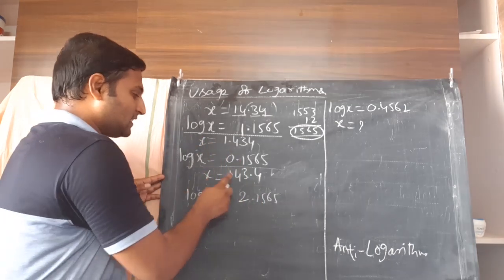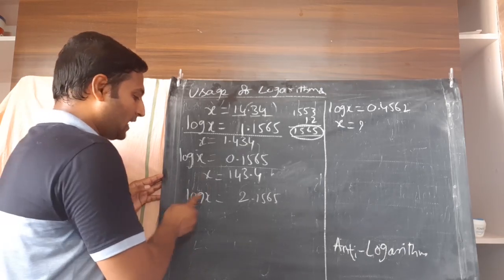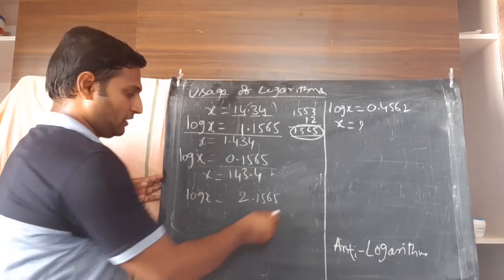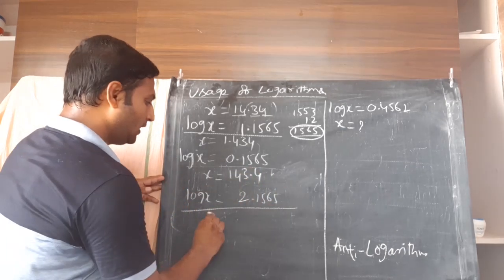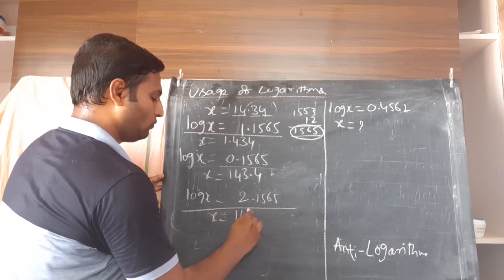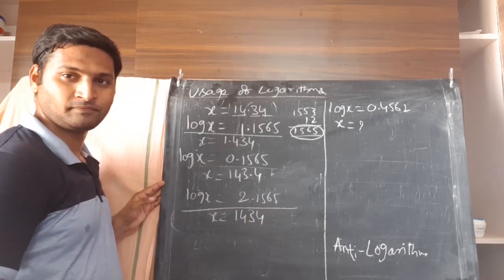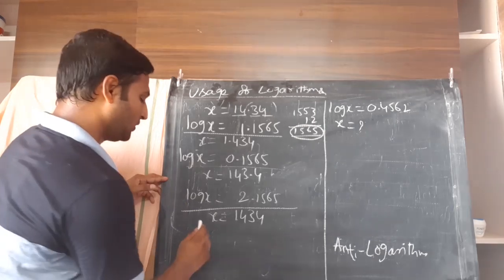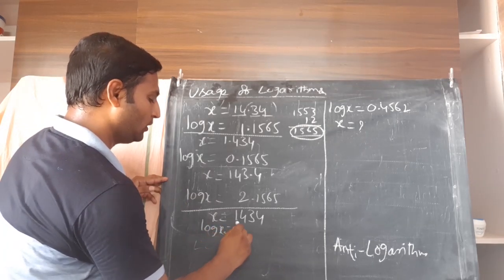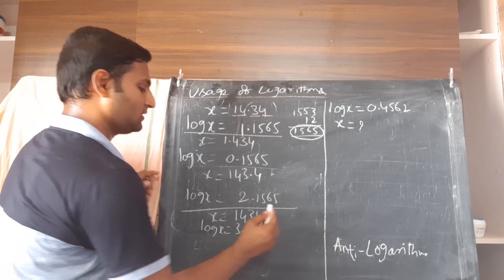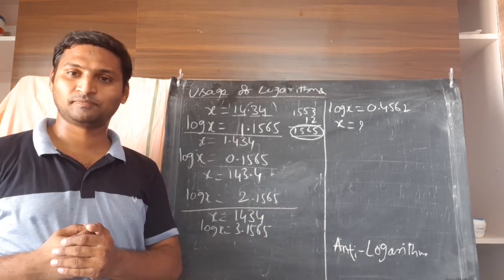So if x is 143.4, log x will be 2.1565. Last one. What if x is 1434? You got it. Log x is equal to 3.1565 and so on and so forth.